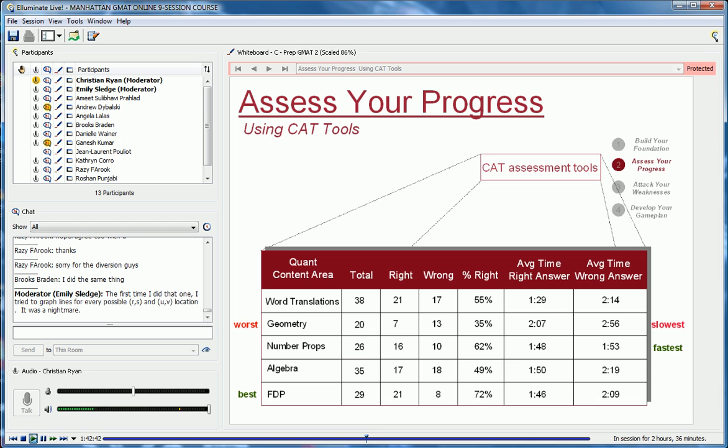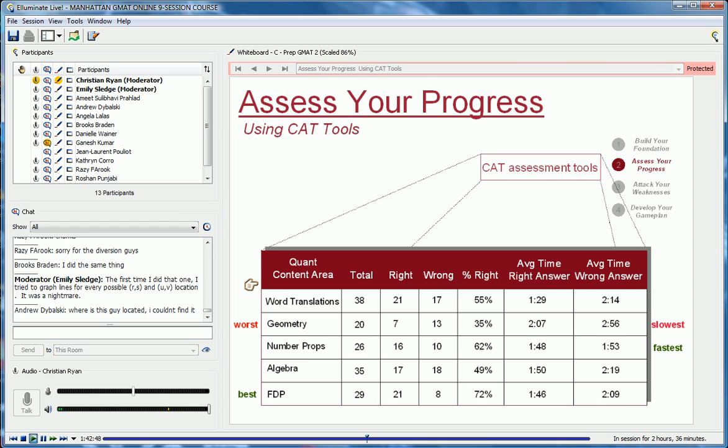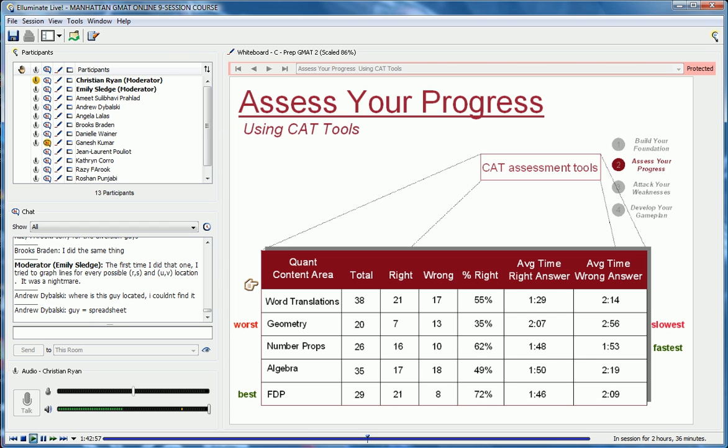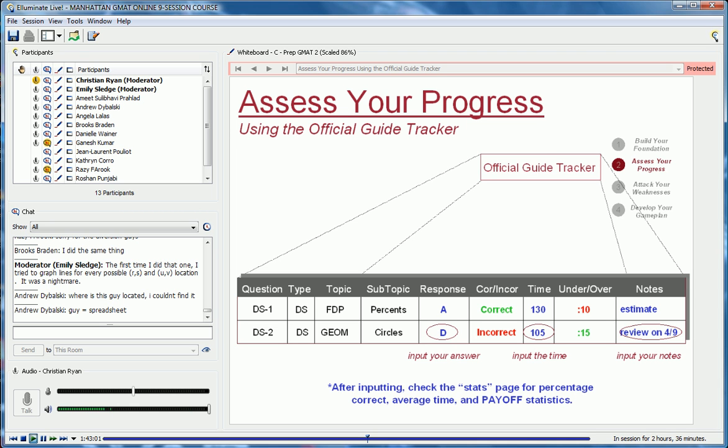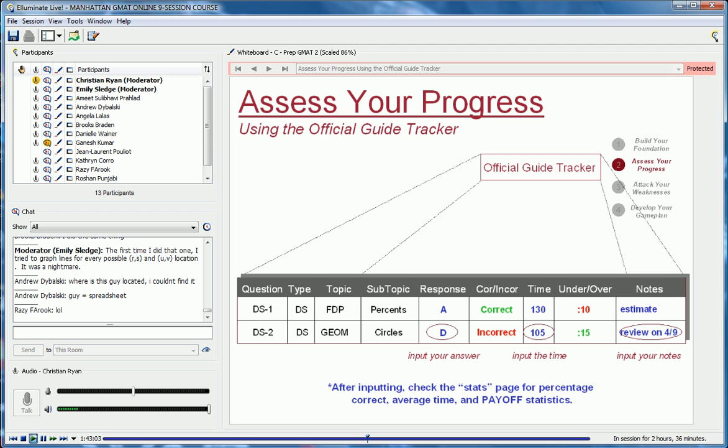Likewise, using the CAT tools, the CAT assessment reports tell you, for instance, in the quantitative areas... So where is this located? Do you mean the Excel tracker, the OG tracker? The spreadsheet. This is located in the course downloads page.